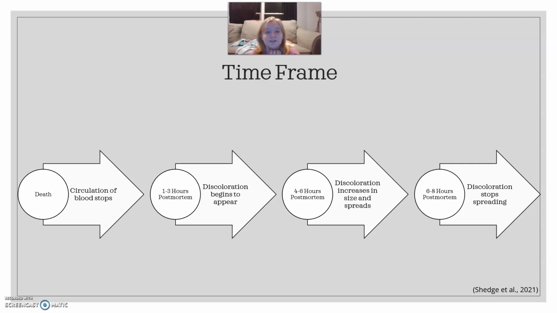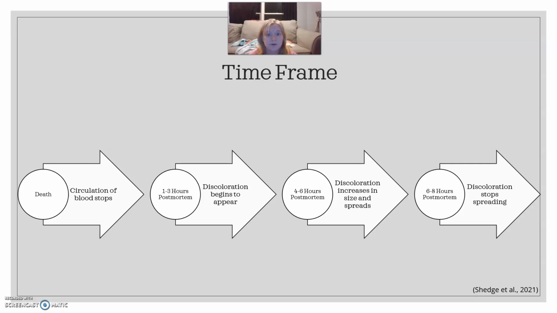And the time frame of livor mortis, after death, the circulation stops as the heart stops. 1 to 3 hours post-mortem, the discoloration begins to appear to the naked eye, and you're able to see little tiny spots starting to appear. They're not super dark or super big. And then 4 to 6 hours post-mortem, the discoloration increases and darkens, and they increase in size and begin to spread to the dependent parts of the body.